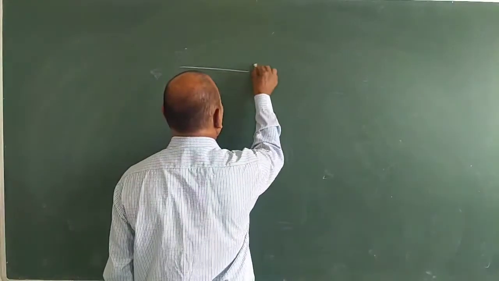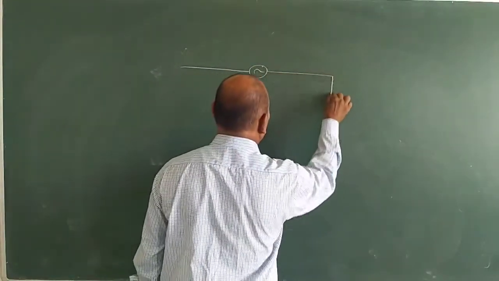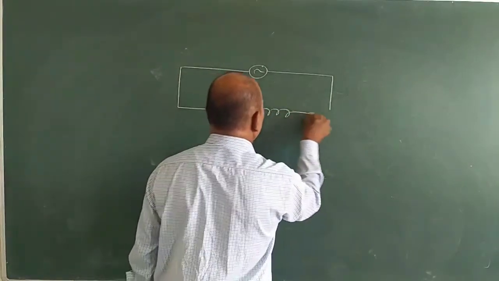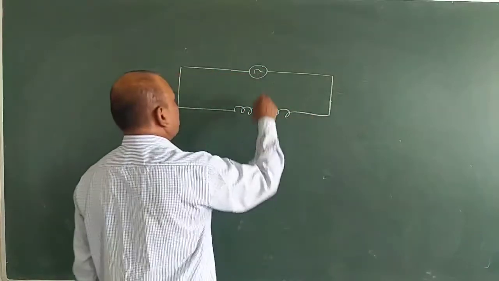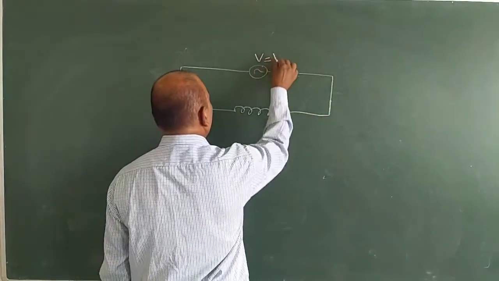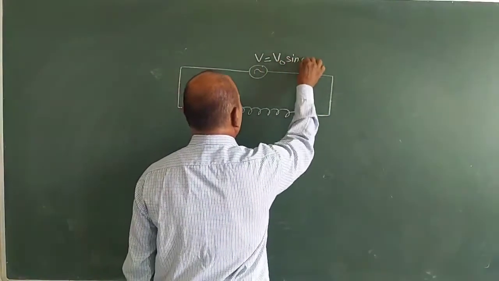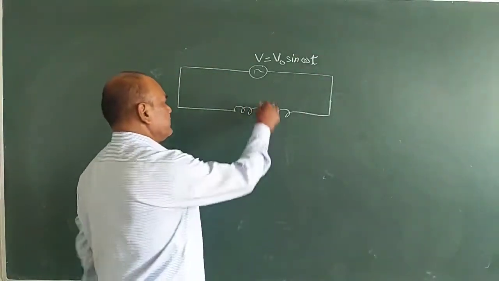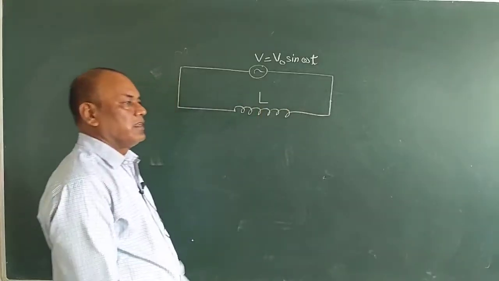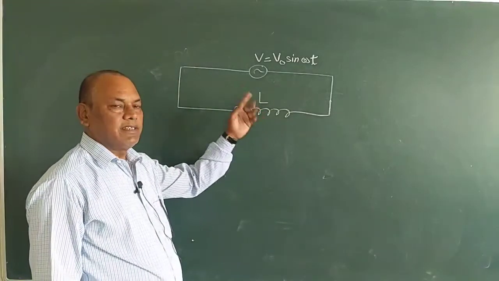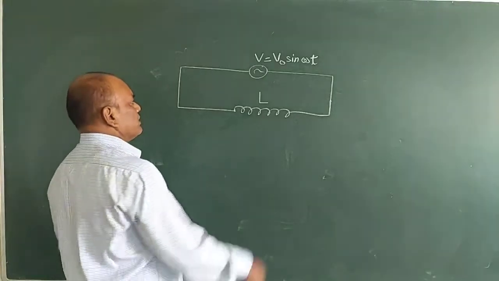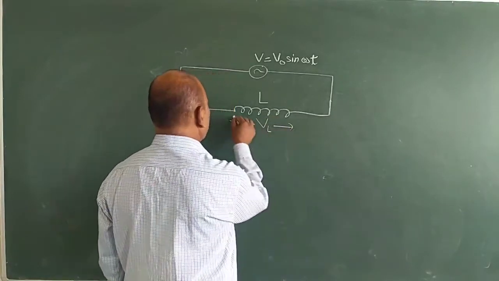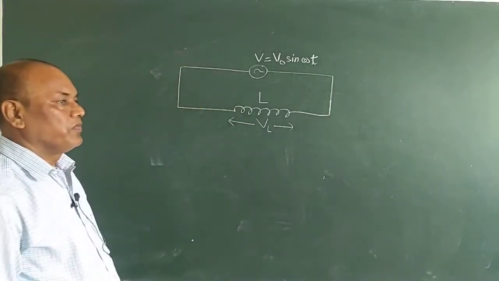Suppose that this is AC mains, V is equal to V0 sin omega t, and this is an inductor. Its coefficient of self induction is L. Suppose that the voltage developed across this inductor is VL.